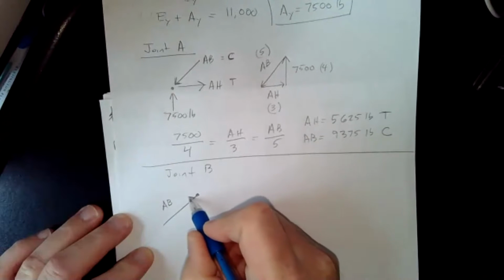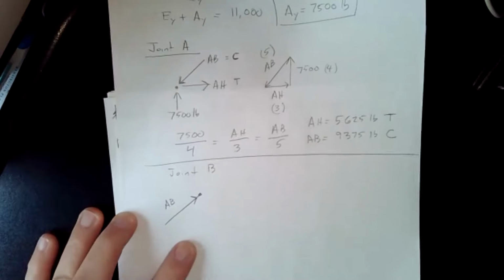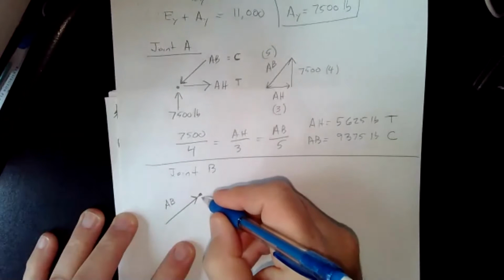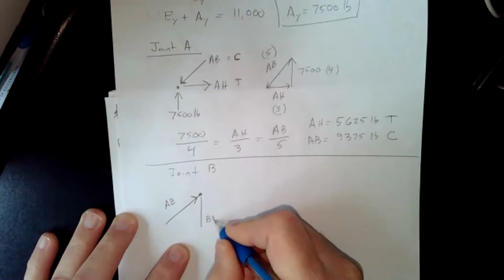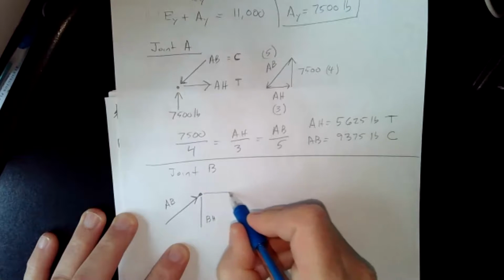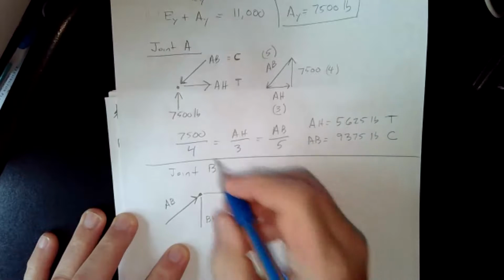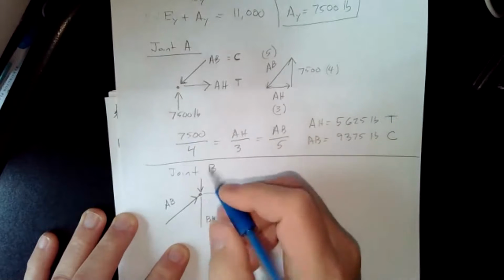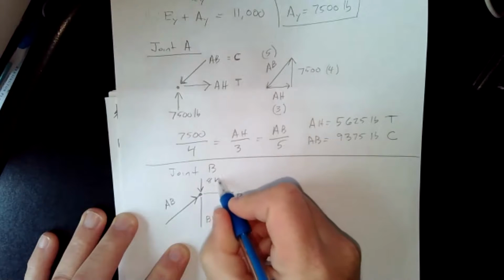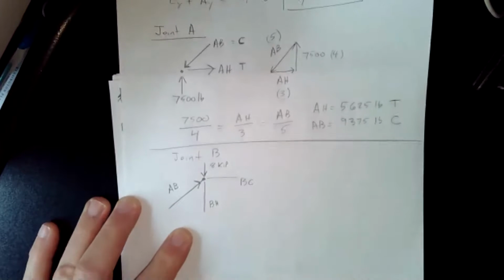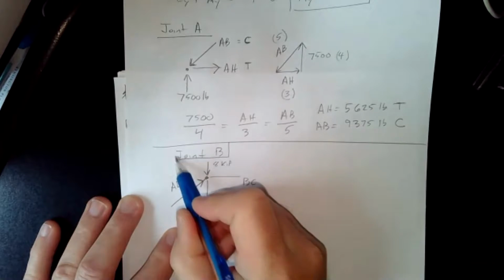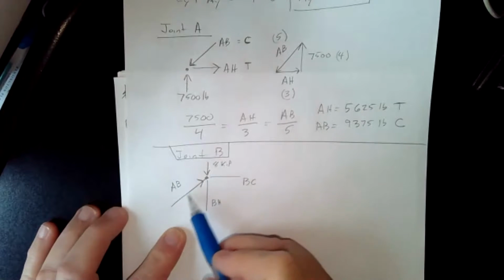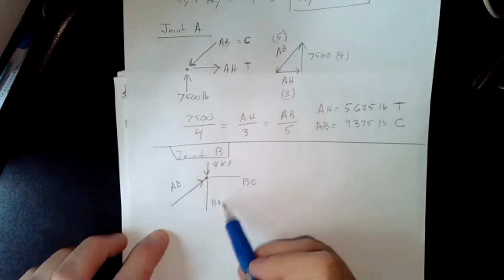Now we know it's in compression, so it's pointing towards the joint on both ends. And then we have BH, and then we have BC. And then we also have this load of 8 kips. So you have 8 kips, you have AB, BC and BH.